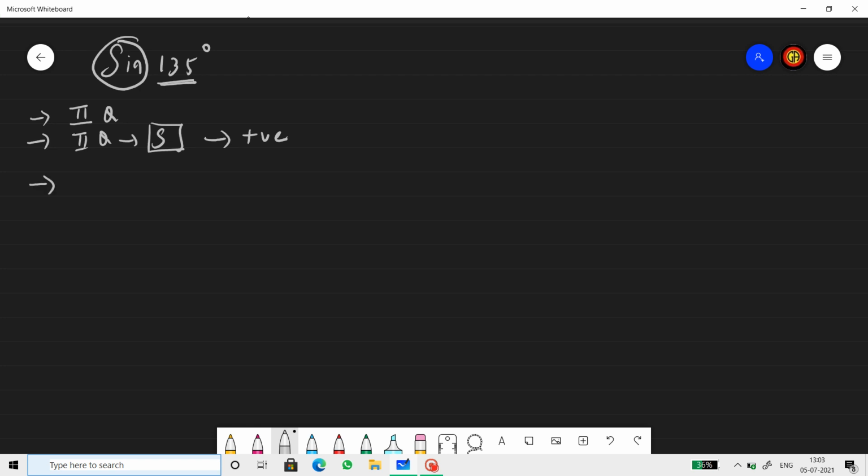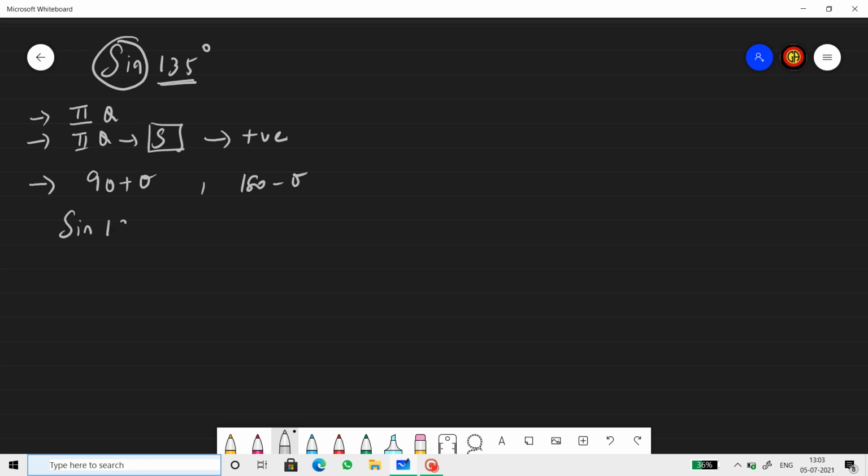Step 3. How am I going to split this 135 degree? Since it lies in the second quadrant, I can split that either in the form of 90 plus theta or in the form of 180 minus theta. Now, if I use 90 plus theta, what do I get?